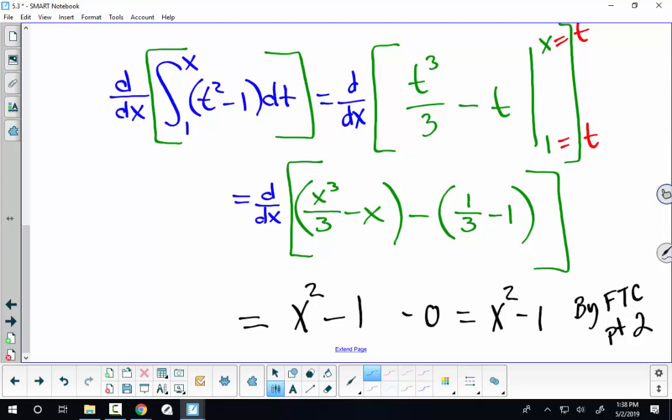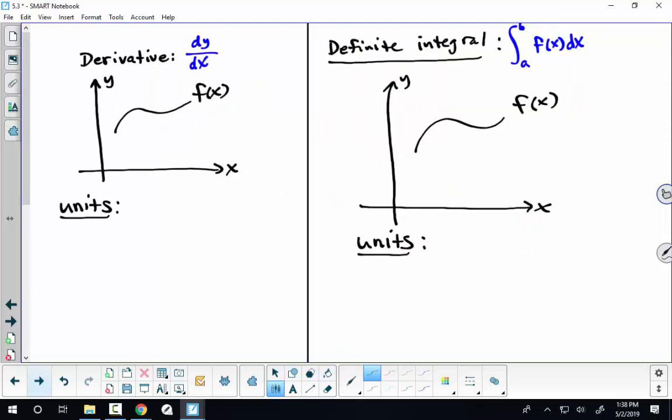Anyone have any questions on that? We talked about this last time, but I just want to put it down definitively. The units for our derivative, as we've seen many times before, are the units for y divided by the units for x, because we're computing dy over dx.